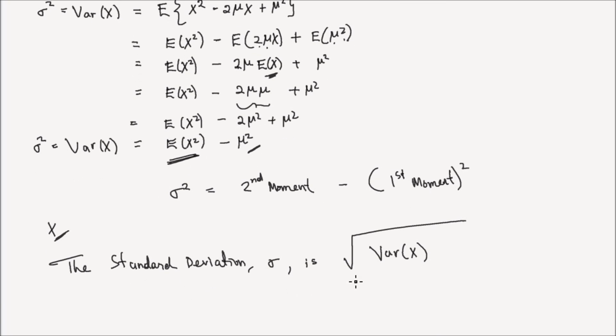In fact, you take the square root and take the positive value of the square root. So the standard deviation sigma is the positive square root of the variance.